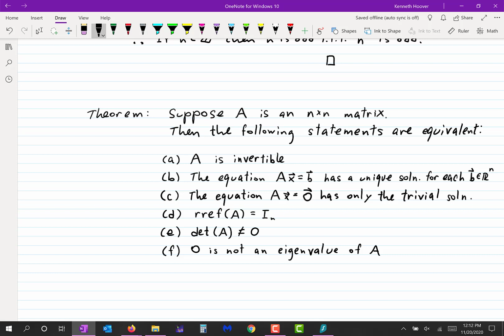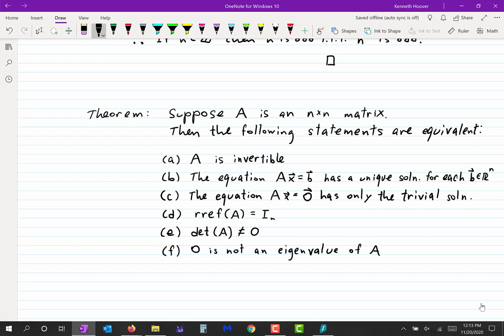Believe it or not, that one theorem contains, let me count them and see, if my counting is correct, 15 biconditionals.